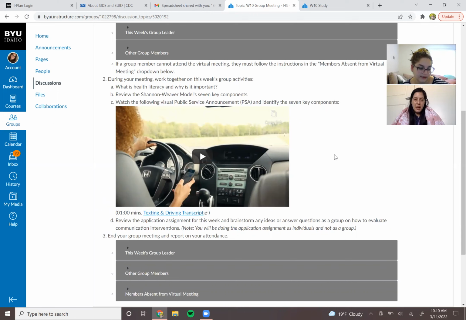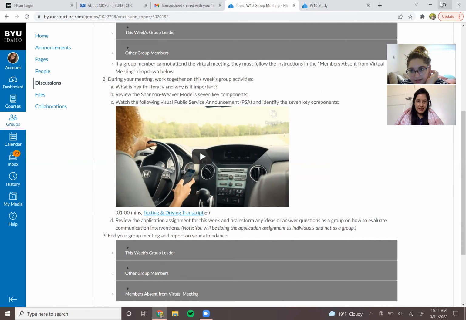Trying to put that term in my own words, I would say health literacy is the capability or ability that a person has to understand health education or to get health education in order to be able to make decisions about their health. Does it sound good to you? Yeah, I mean, that's fine.